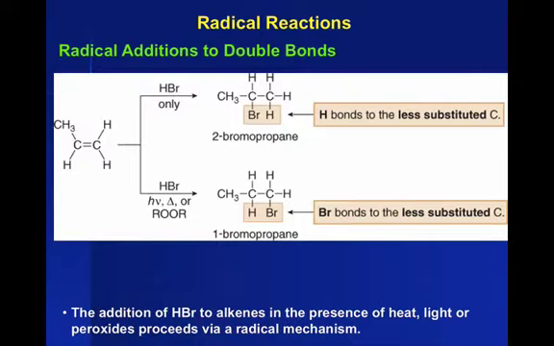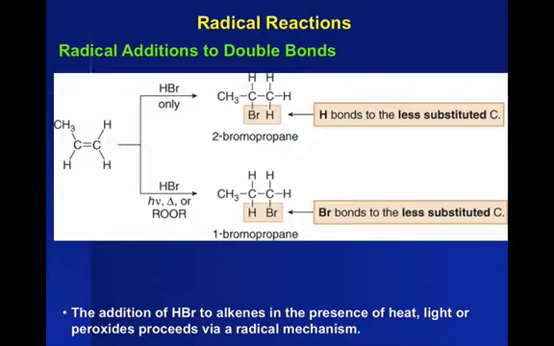Now here in just a minute I'm going to have you help me figure out what the mechanism for that addition is, but we're going to do that at the end, okay? What I want you to take home from this is that if you want to add HBr across a double bond in an anti-Markovnikov fashion, you need to go through a free radical mechanism, okay? And this only works for HBr. HCl doesn't do this.